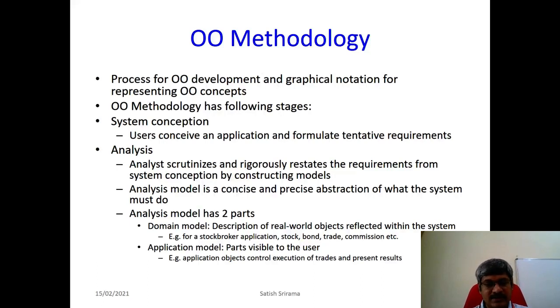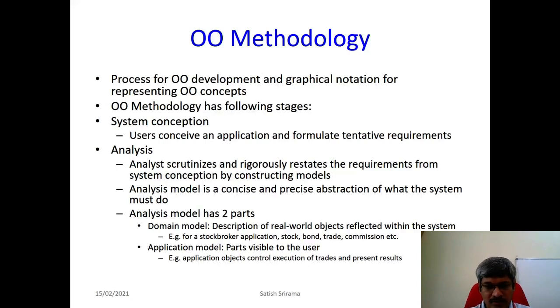In terms of the analysis model, there are two parts. The first one is the domain model, and the next one is the application model. The domain model describes the real world objects that are reflected within the system. Say you are thinking about a stockbroker application. All the stocks, bonds, trades, and commissions will be classes, and they will have their own objects.